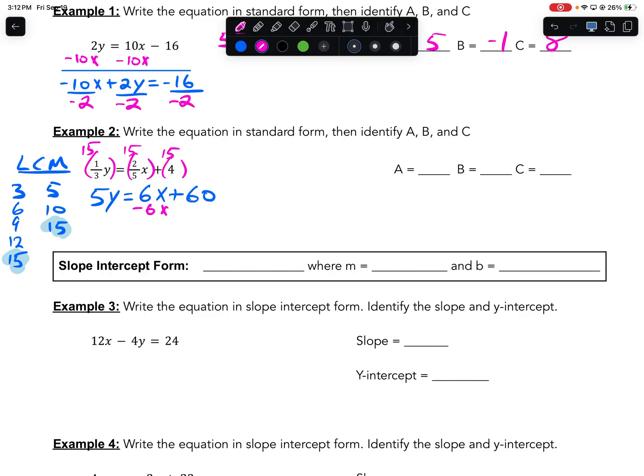Minus 6x. I can't combine the x with the y, right? So you just got to write them in order. I'm going to write it up here so I have room for my last step. Negative 6x plus 5y. If there's no sign, it's always positive. What do I have to do now, Lorelai?